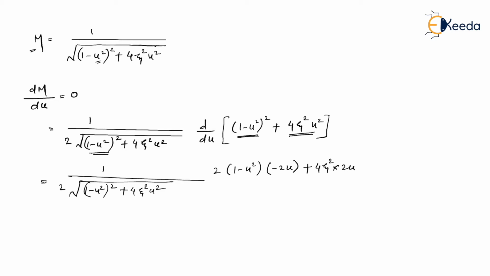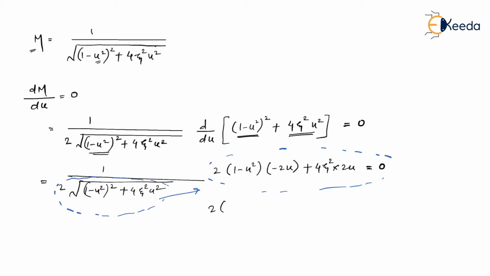Ultimately, I'm just going to equate it to 0. So what is going to happen, this denominator will go to the right hand side, and this will also get multiplied with 0. Ultimately it will become 0. So what we have is only this term. Let me write it properly.